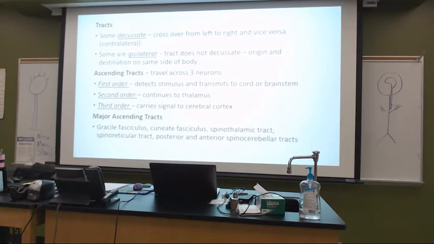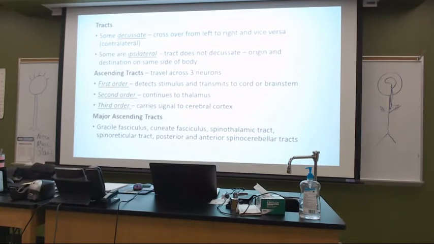Every sensory input we have, except for smell, has to go to the thalamus. The thalamus will then send it to the area of the brain it needs to go. The thalamus will send it.